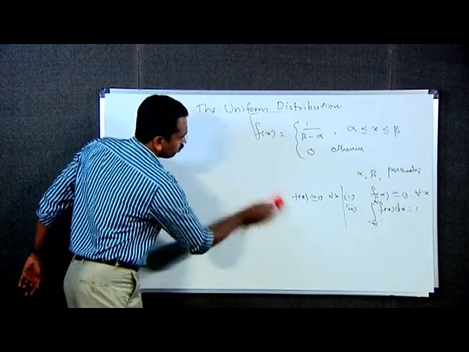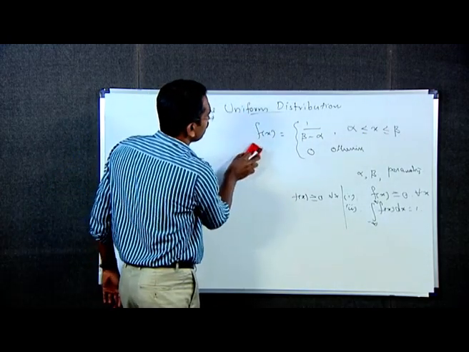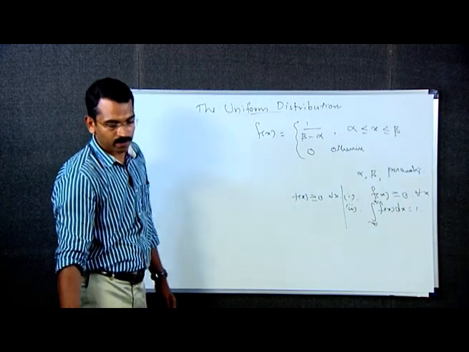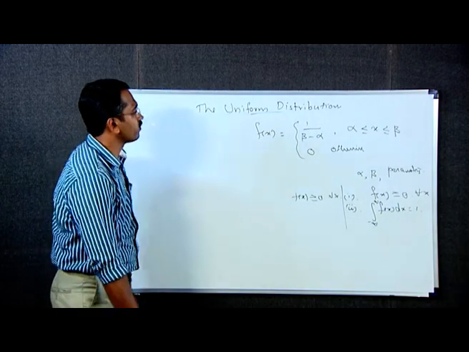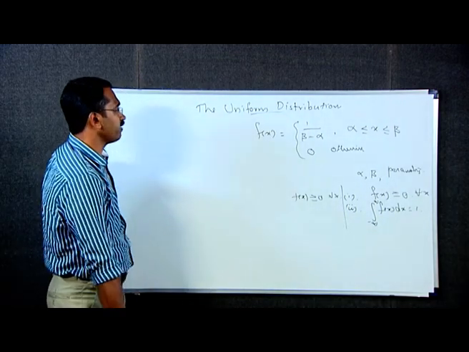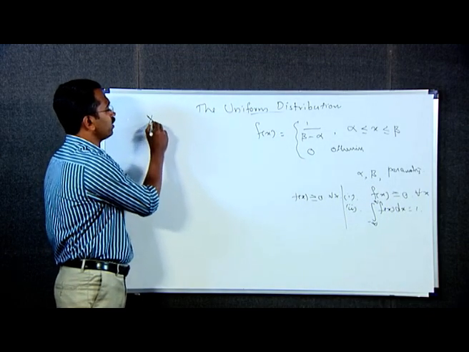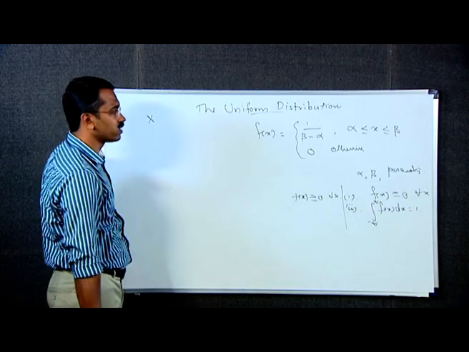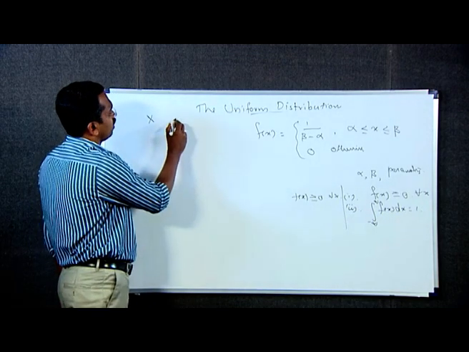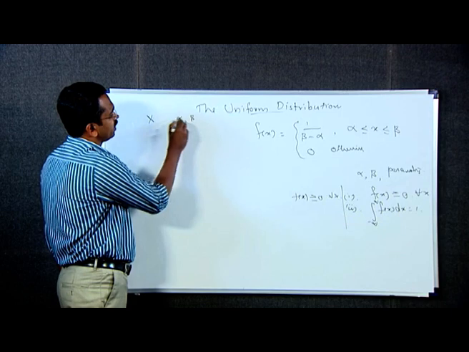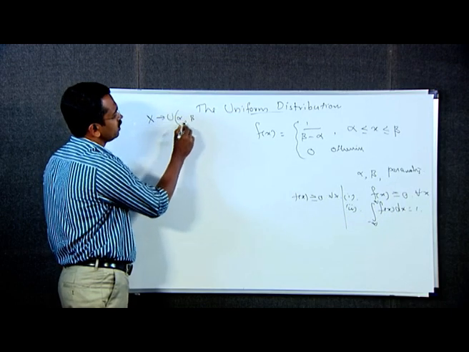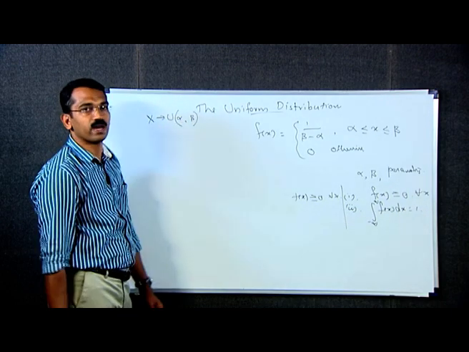Now, we have to find the arithmetic mean of X. Consider a random variable capital X having the uniform distribution with parameters alpha and beta. X follows uniform distribution with the parameters alpha and beta.